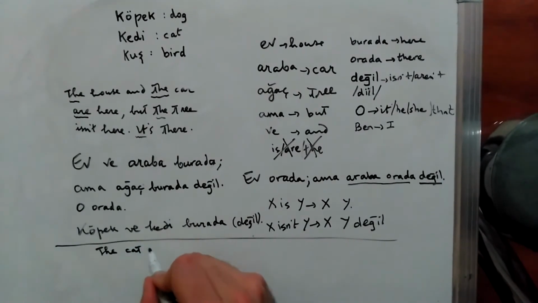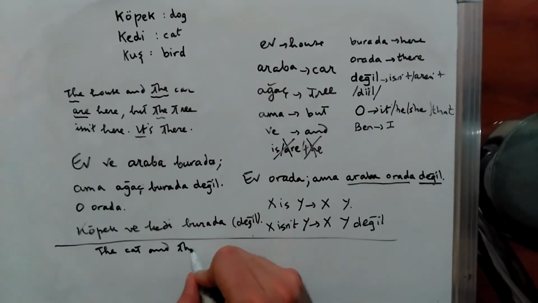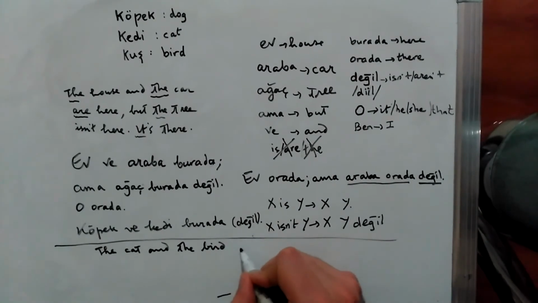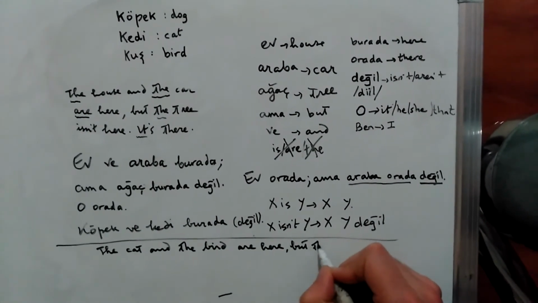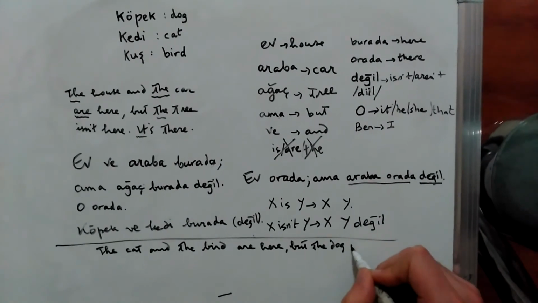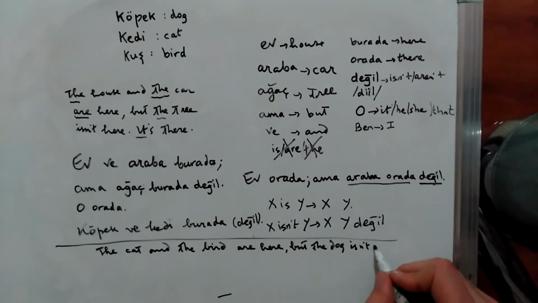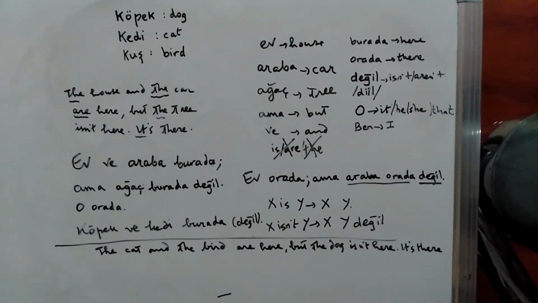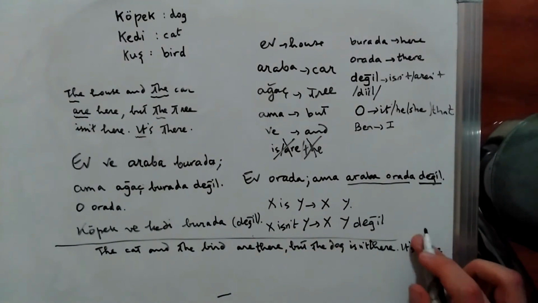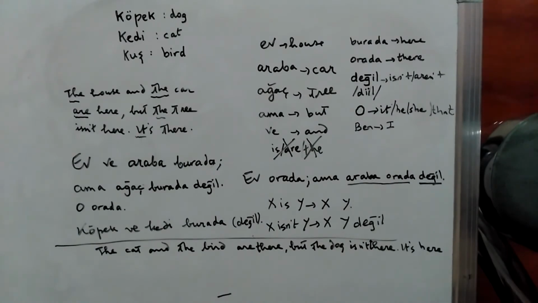The cat and the bird are here, but the dog isn't here. Fine. I'm not sure if I said the same sentence before. Let's change these. There isn't there. It's here. Just to have variety.